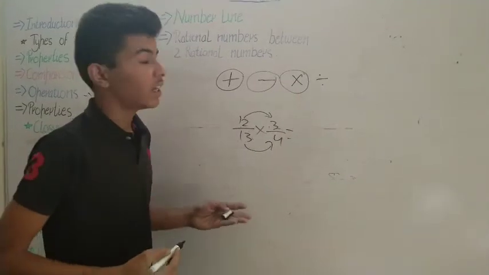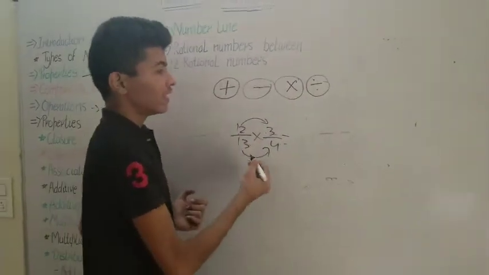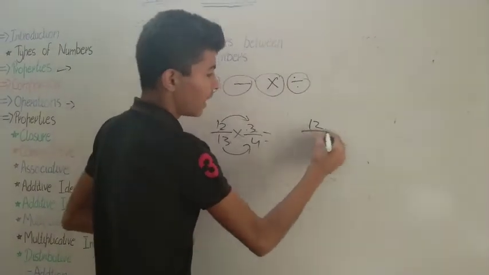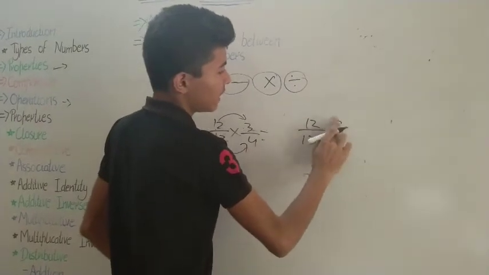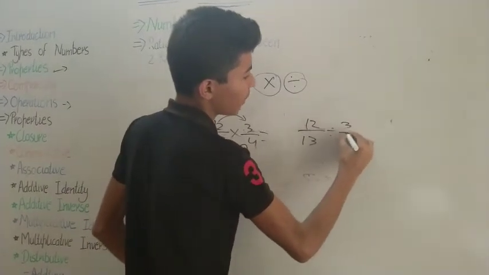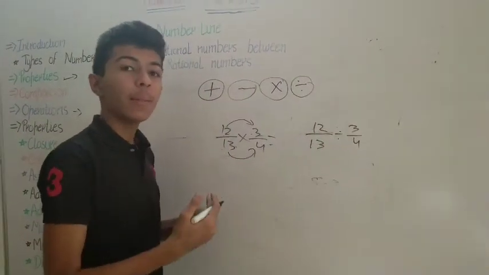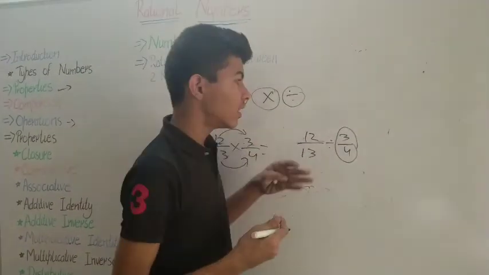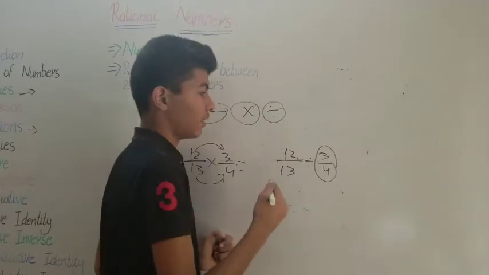In the same way we do division also. Let's take the same example, 12 by 13 divided by 3 by 4. We know that division is the opposite of multiplication, so we can reverse it. We will see what the reversing of this is called sometime later.